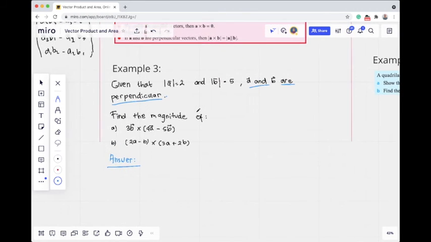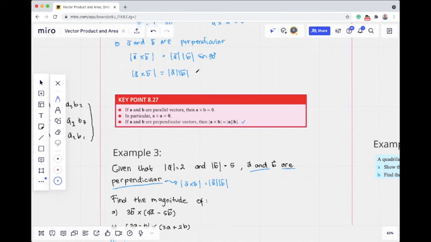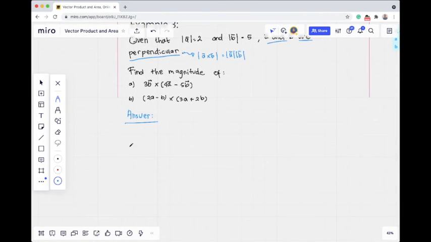Because A and B are perpendicular, the magnitude of A cross B is just the magnitude of A times the magnitude of B, so we use this rule. Now for part A, find the magnitude of this one. I will copy the question here.